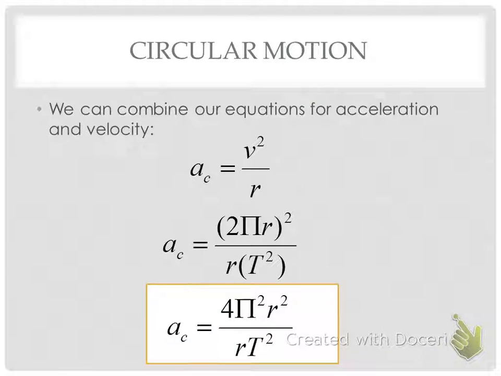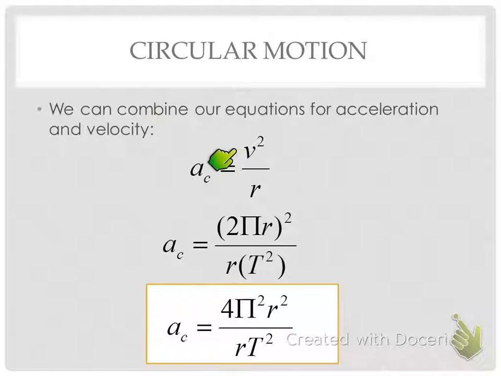Now we combine our equations for acceleration and velocity into one larger equation. Let me just show you how this works. You don't write anything down yet. Our centripetal acceleration equals velocity squared over r. We already saw that equation.